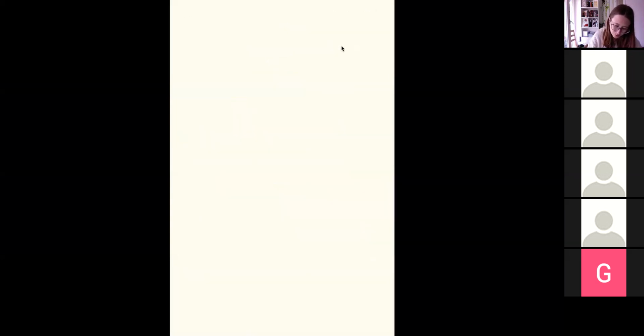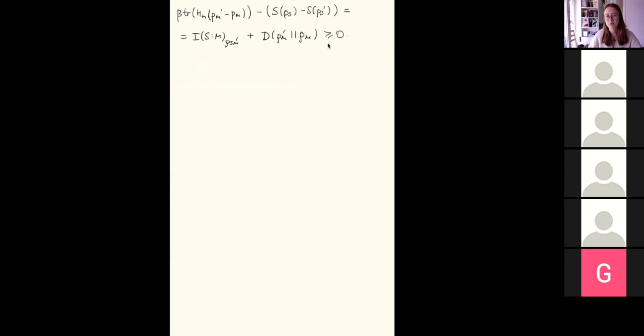So doing so, we get the change of energy minus S of rho S minus S of rho S prime is equal to the mutual information plus the relative entropy, which is non-negative, which I already mentioned in a comment in the beginning, because both of these measures are non-negative, whatever you plug in there.